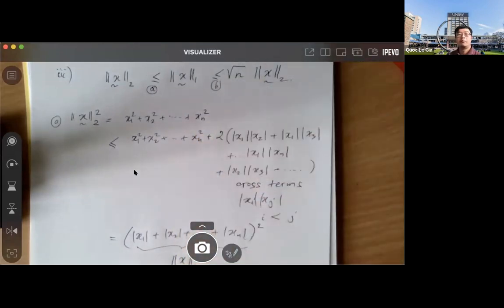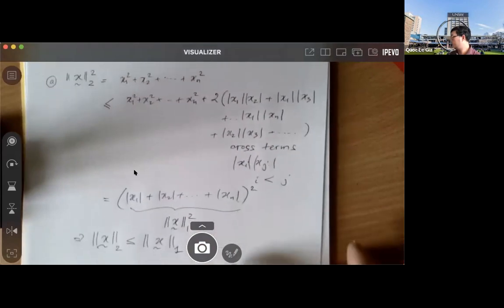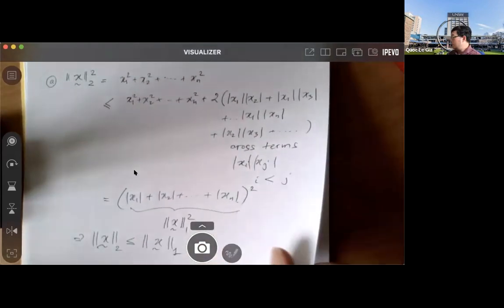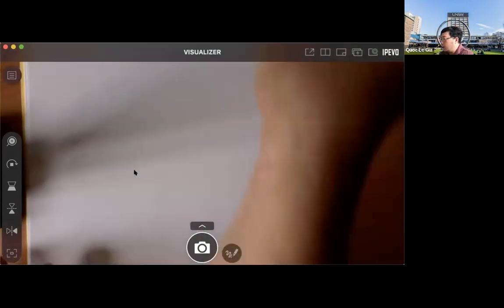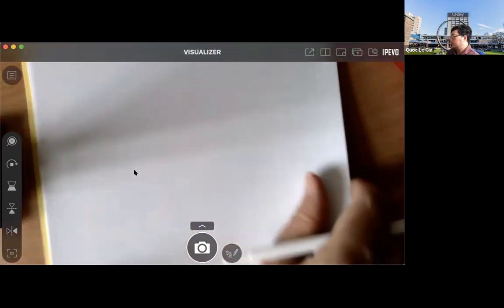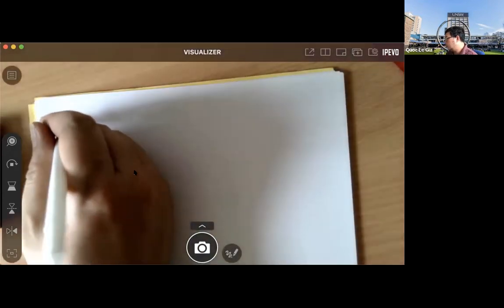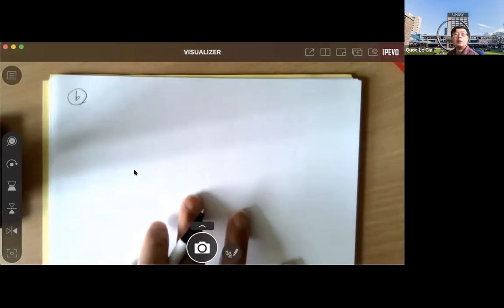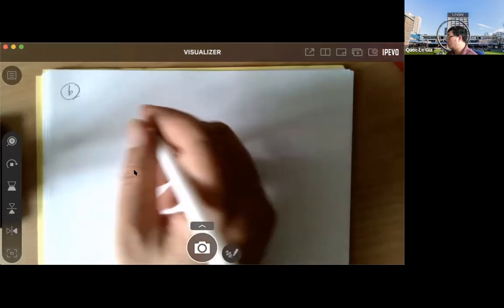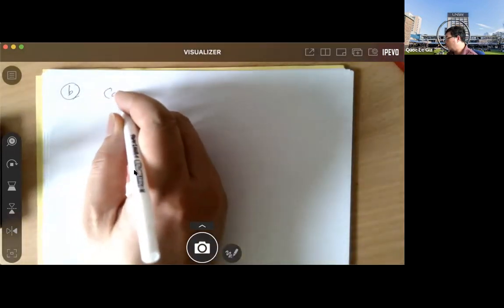Okay, so now how do I prove B? Before I prove B, I want to introduce you to the Cauchy-Schwarz inequality.